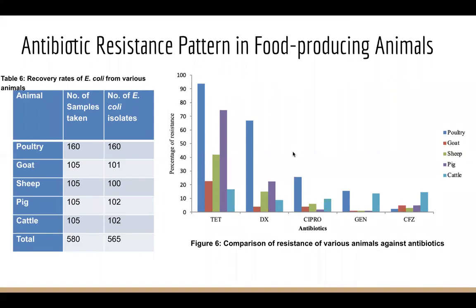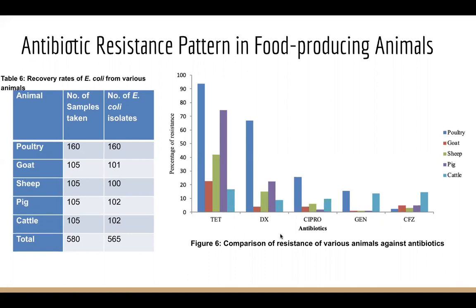So they give these antibiotics for growth promotion and to also prevent secondary infections, so that in case of any disease outbreak, they will not be hit very hard. So that is the work we have done on antimicrobial resistance in food producing animals.